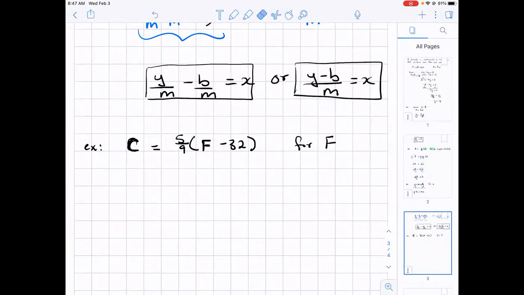Similar to what we did before, we could move the 5/9 first. It doesn't make sense to distribute it, although you could, but we don't want to create work. So we saw that to remove a fraction, we multiply both sides by the reciprocal.